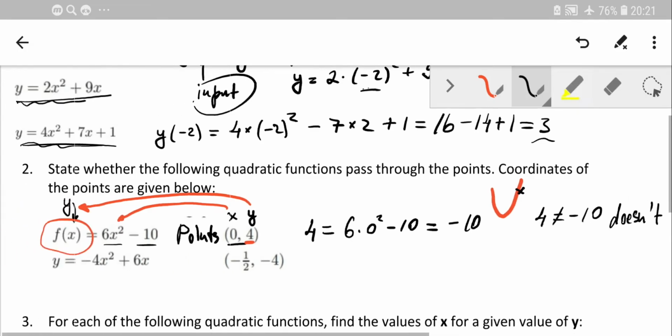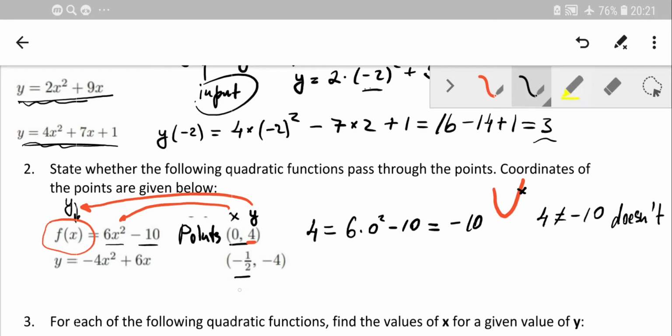So next, negative 1 over 2, that's again the x coordinate, negative 4 is y. Here we stated that y equals negative 4x squared plus 6x. What we're going to do, we're going to plug instead of y negative 4, so we have negative 4 equals, let's say what's on the right side, negative 4 times x squared, but x squared is negative 1 over 2 squared, so it becomes positive, and that means we have 1 over 2 squared.